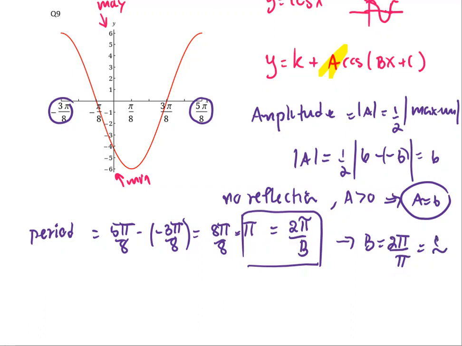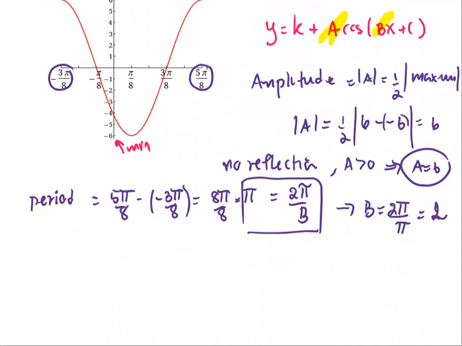Now b is found. Next, we're going to compute c using the phase shift. The phase shift, which is the start of the cycle, starts at -3 pi over 8.